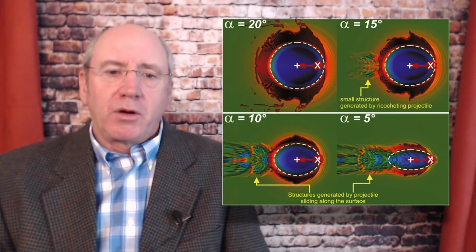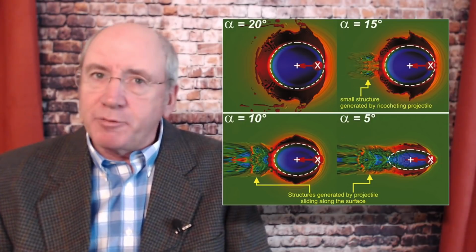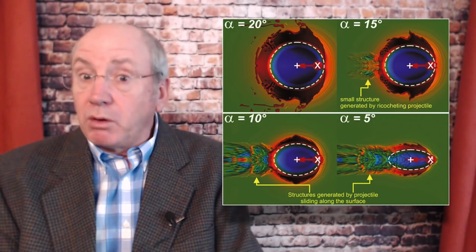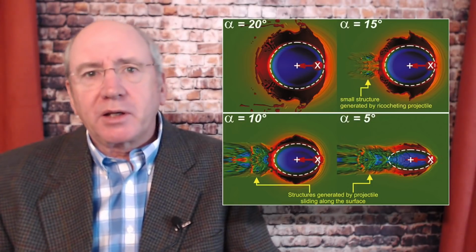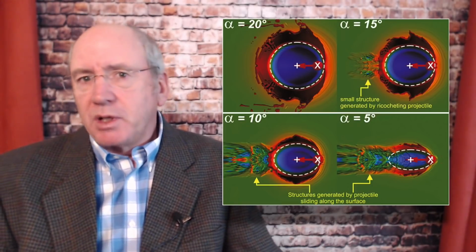And of course, these may have been shallow impacts, because we're no longer talking about a meteorite impact coming out of the solar system at any old trajectory and hitting the ground.